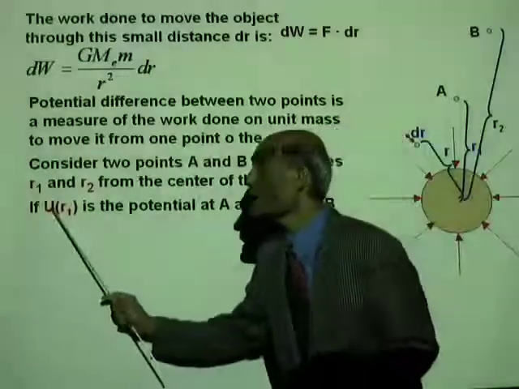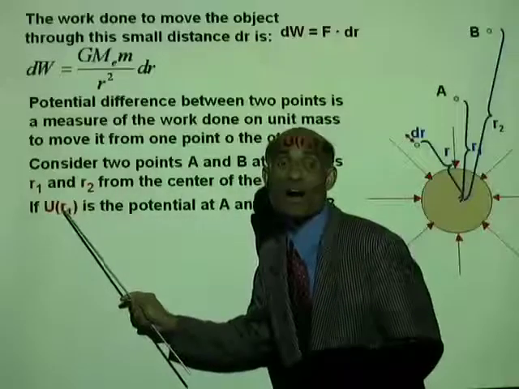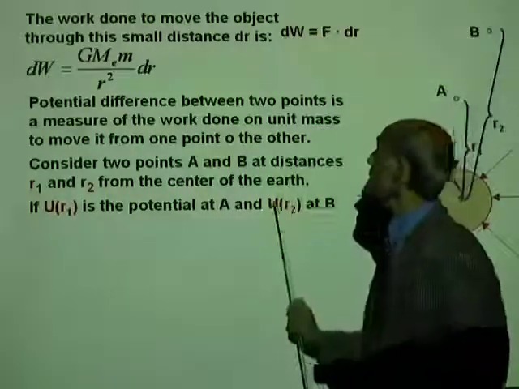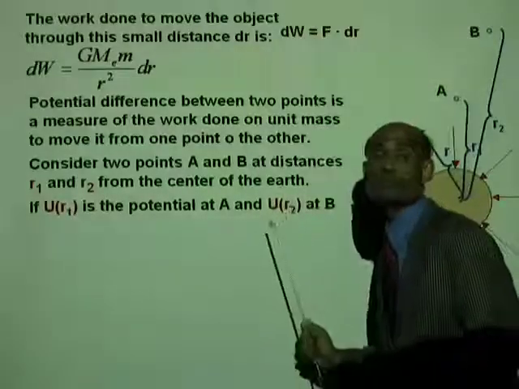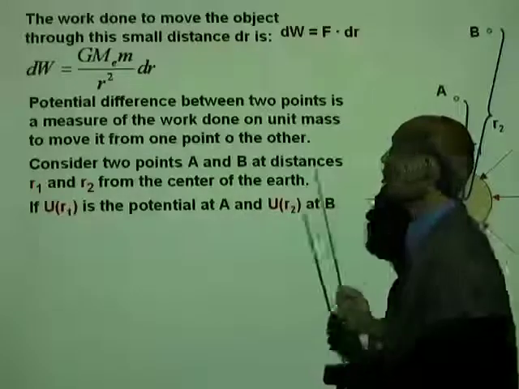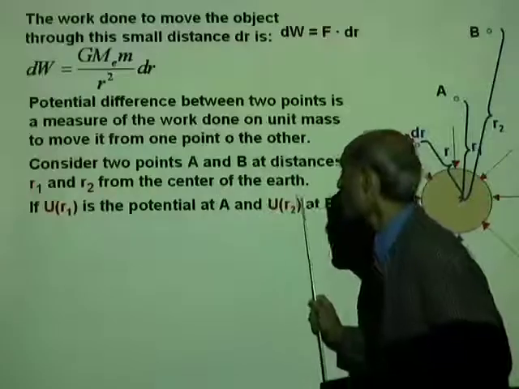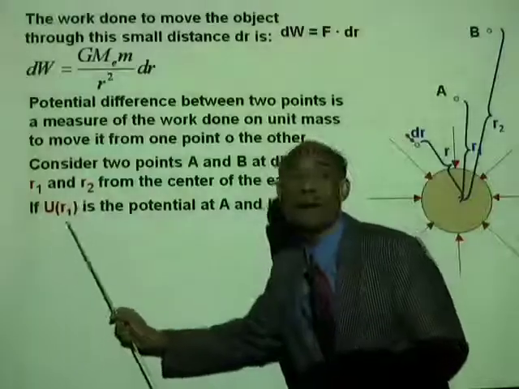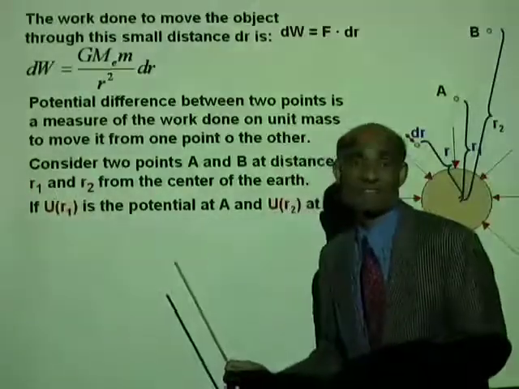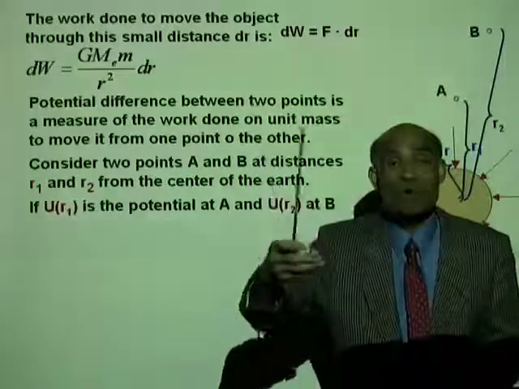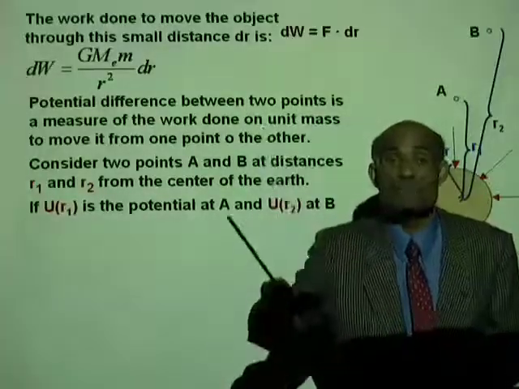And we're going to say, let U(r1) be the potential at A and U(r2) be the potential at B. Then, what does U(r2) minus U(r1) represent? That is a measure of the potential difference. And what does potential difference equal to?